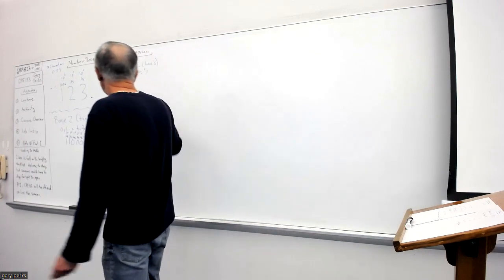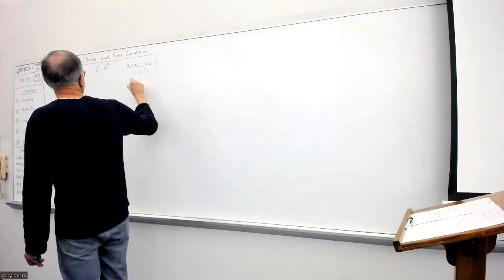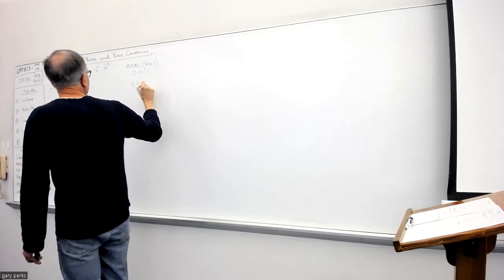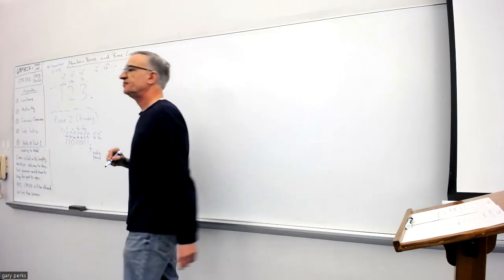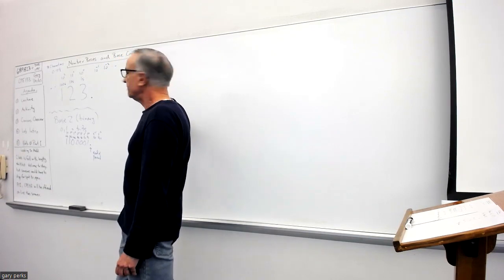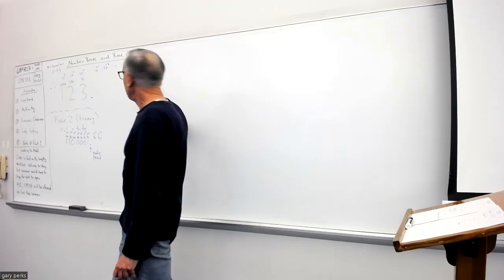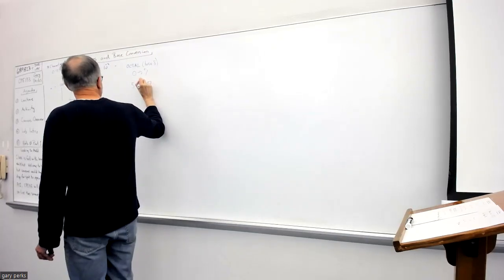So, you could have a base 8 number like 531.7. What would the column just to the left of the radix point be worth? That would still be the ones column, 8 to the 0.